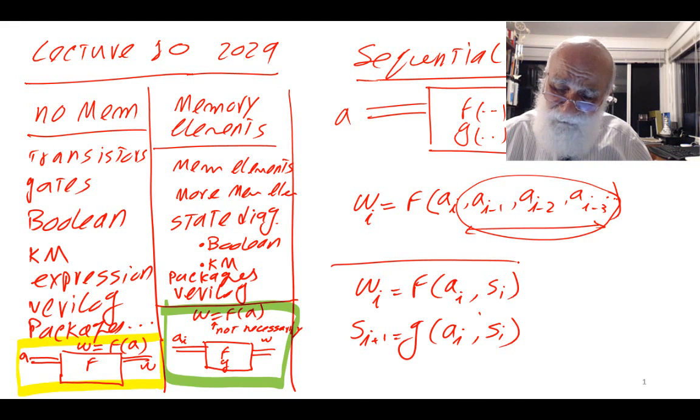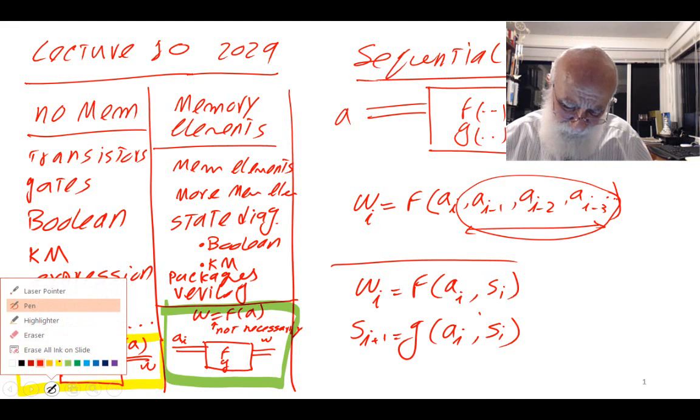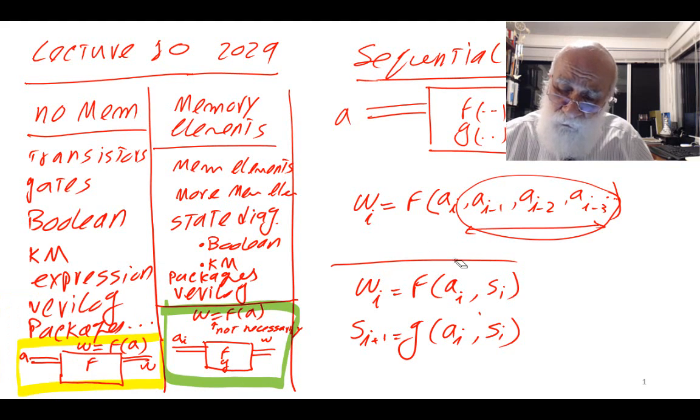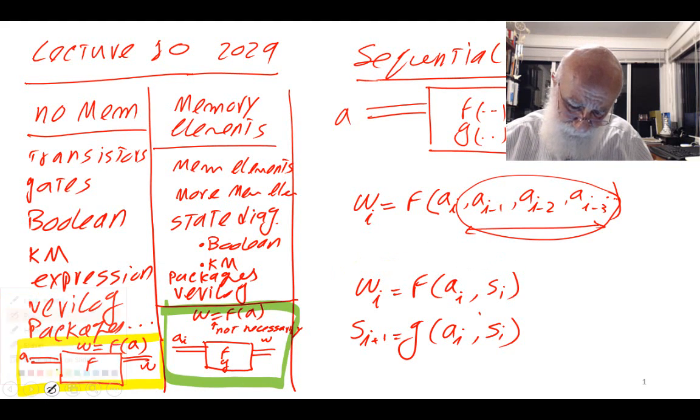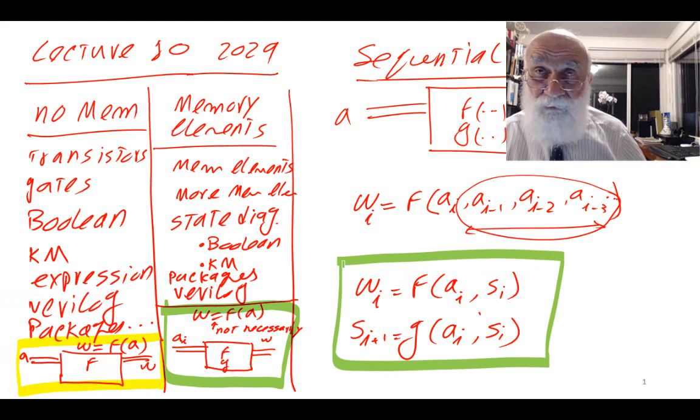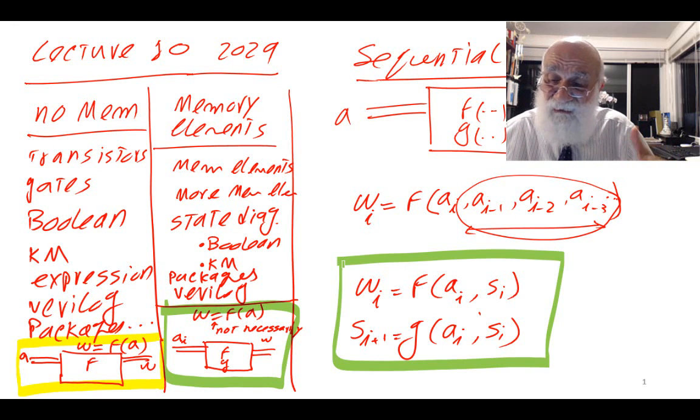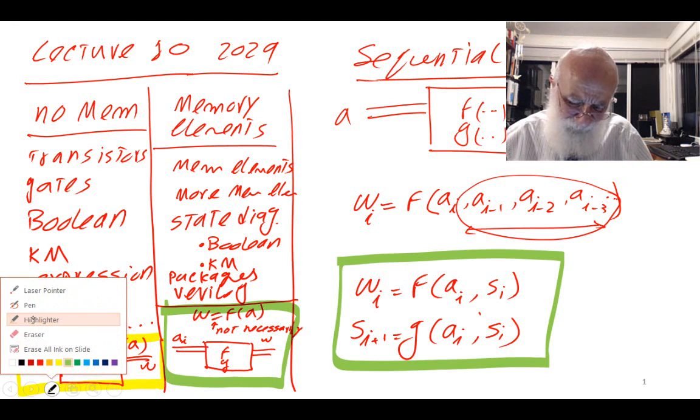So what I really have is a combination of two expressions, that together will decide that my output becomes such and such, and then my next state becomes something that I will be using for the next time. If you think about the circuit carefully, this is what I'm getting.